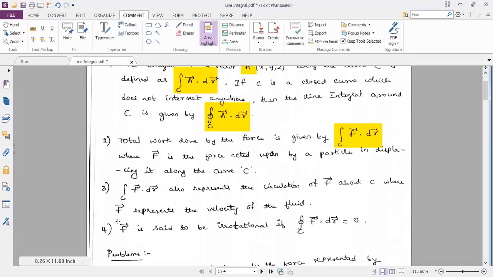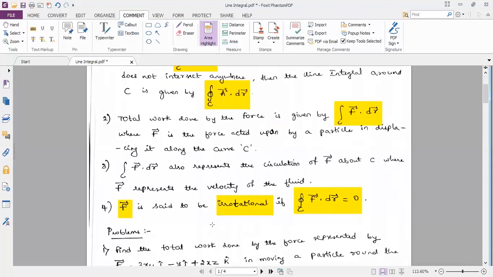And vector F is said to be irrotational if it satisfies the condition that the integral over the closed curve C of F dot dr is equal to 0. We'll see problems on line integral in this class.